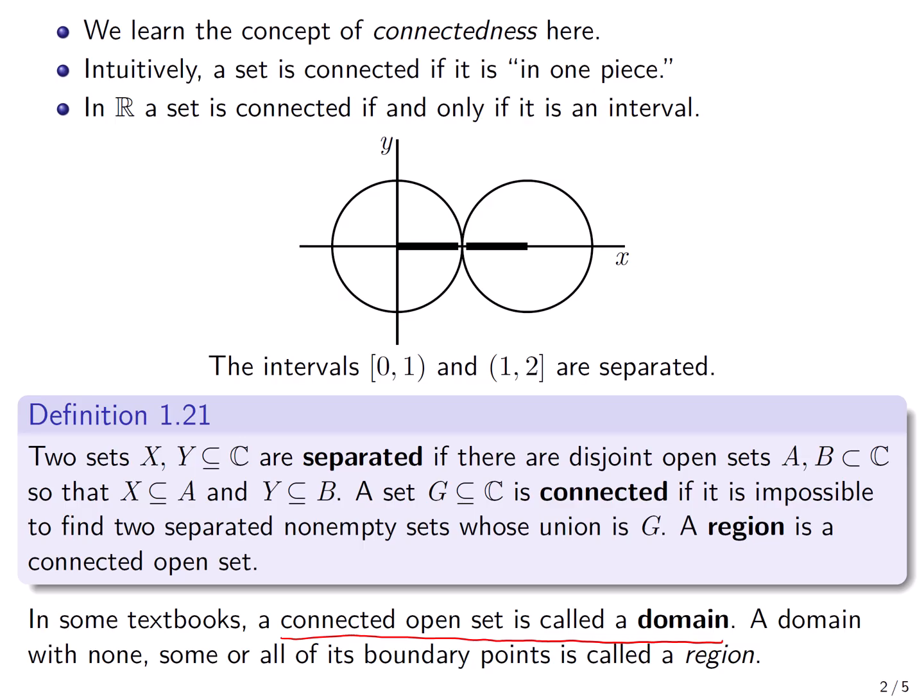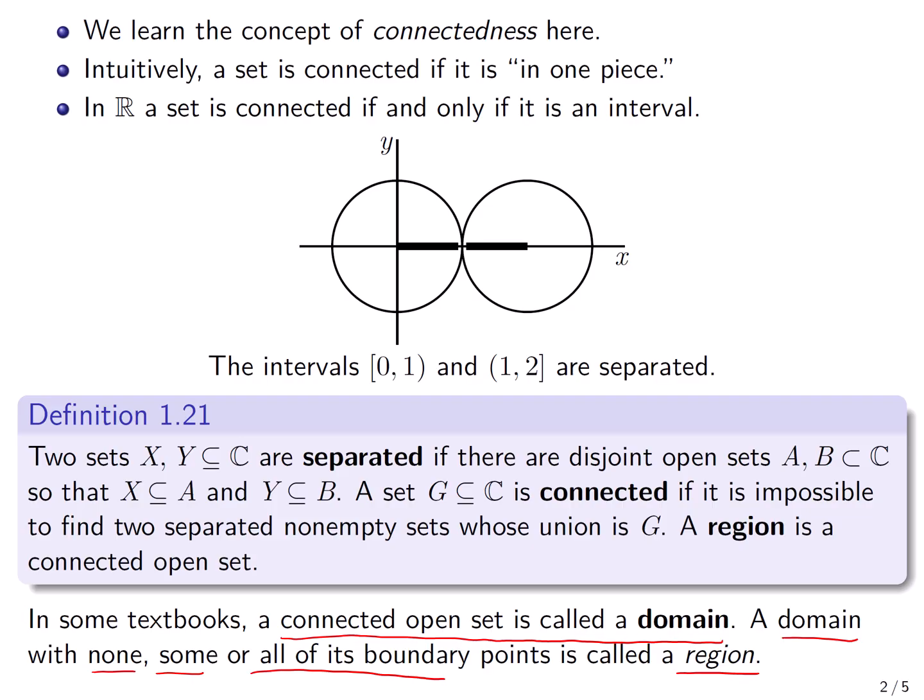But if you follow other books, they might call this a domain, and they have a different meaning for region. A region is a domain with none, some, or all of its boundary points. There are three cases: you pick none of them, or some of them, or all of the boundary points, then you call it a region. That's a slightly different definition.